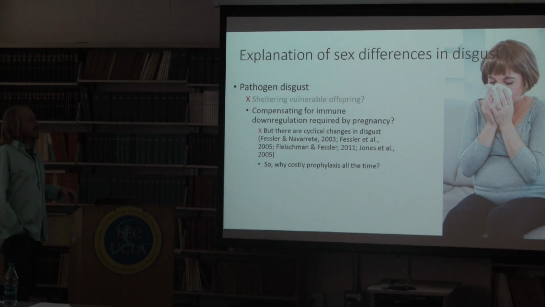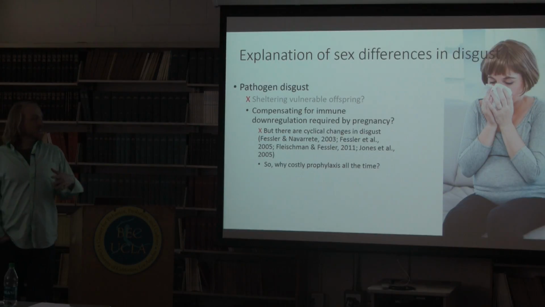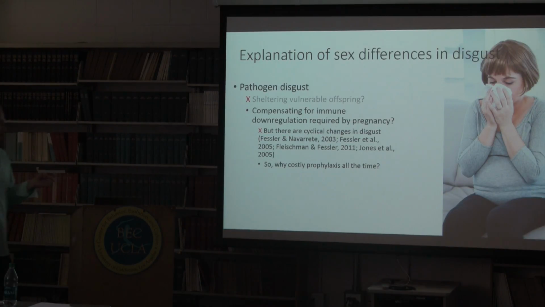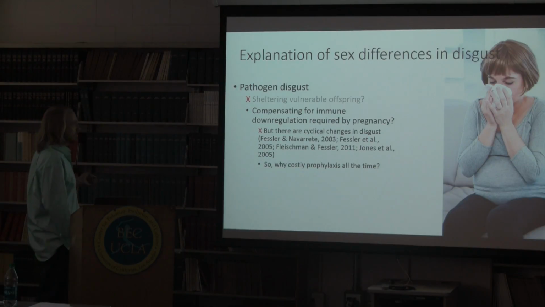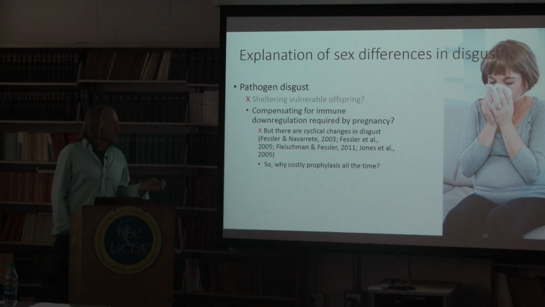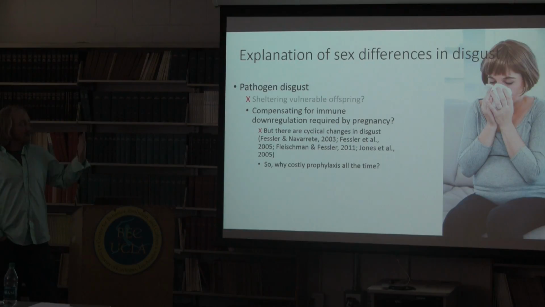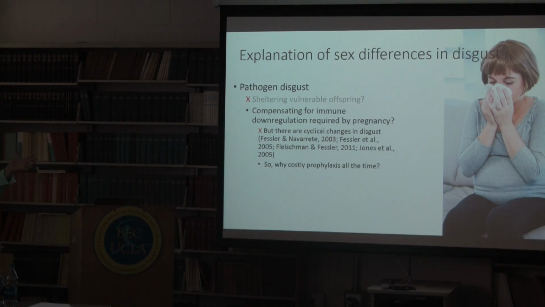There's a kind of related hypothesis. It also focuses on offspring, but at an earlier developmental stage. Pregnant women have compromised immune systems. Fetuses are foreign, and so you downregulate mom's immune system so that it accommodates the foreign invader. So then the idea is, okay, downregulated immune system, I've got to upregulate my behavioral prophylaxis.